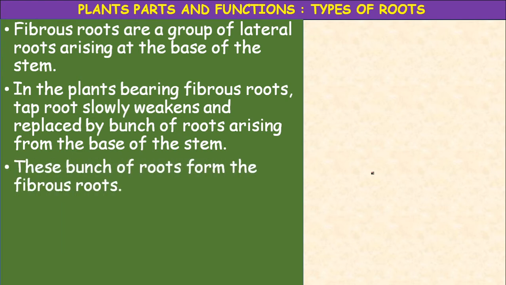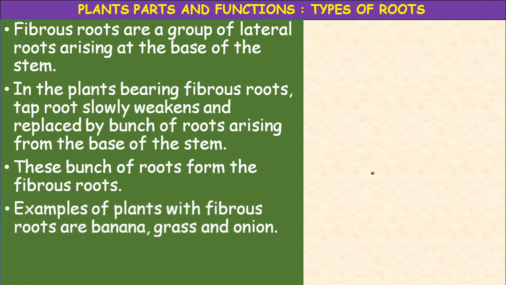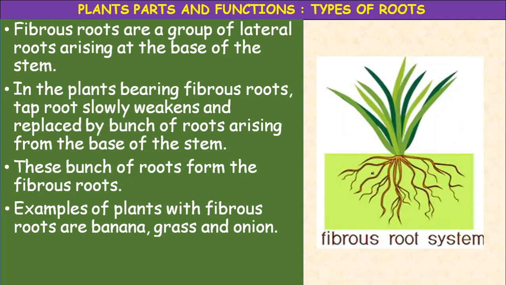So this bunch of roots forms the fibrous roots. Examples of plants with fibrous roots are banana, grass, onion.